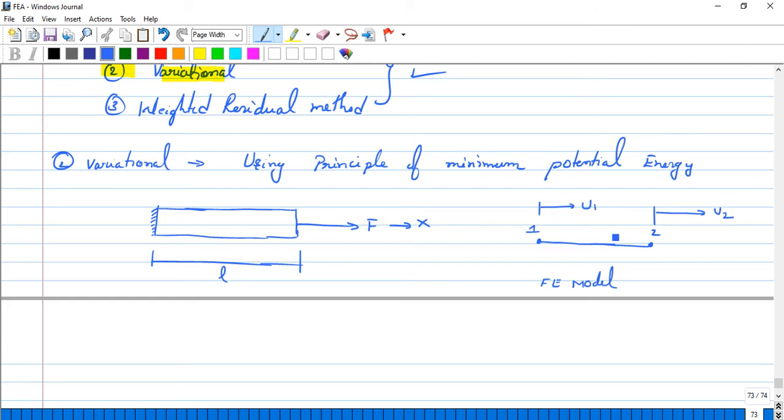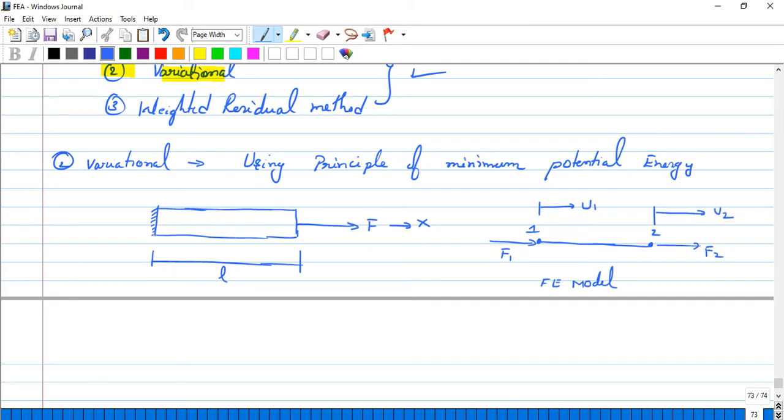Remember, we represent U as the displacement in the direction of X, and we also have V and W in the Y and Z directions. So now we have displacement in the X direction, represented as U1 and U2, and here F1 and this particular force as F2.